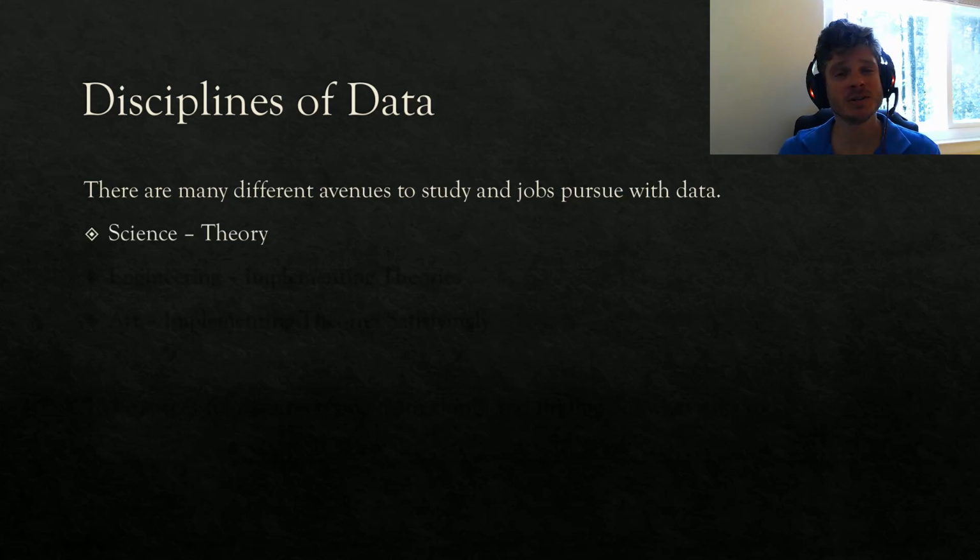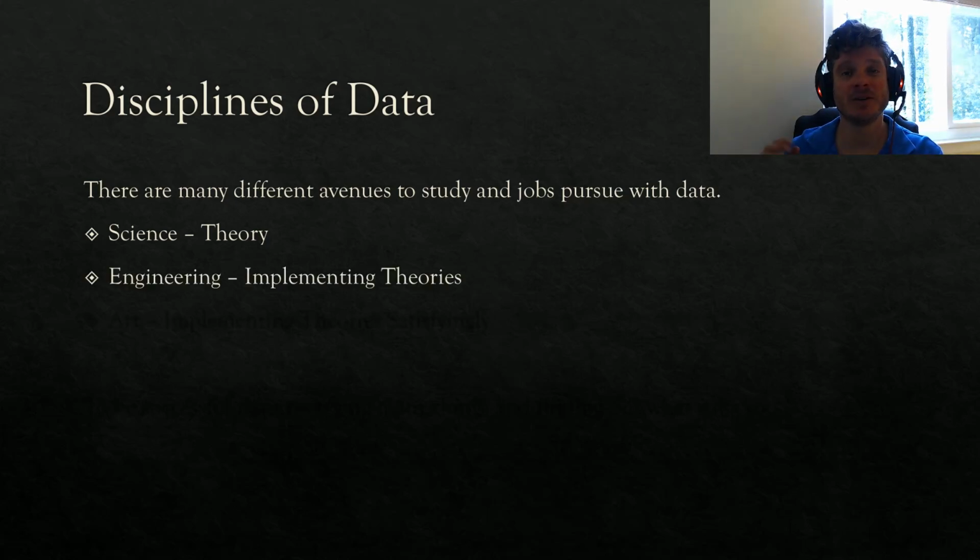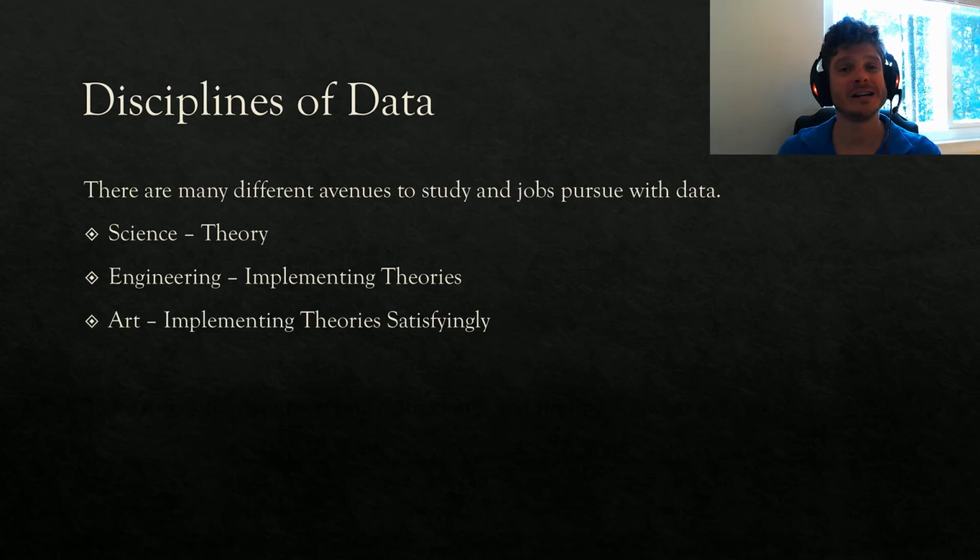When you see words like science, like data science, typically we're relying more on the theory, which again, maybe the statistics or the neuroscience, those sorts of things. When we talk about engineering, that's about implementing theory. And then if we talk about art, that's really where the end goal should be, that we want to be able to implement these theories in a way that's satisfying, in a way that's kind of pleasing.